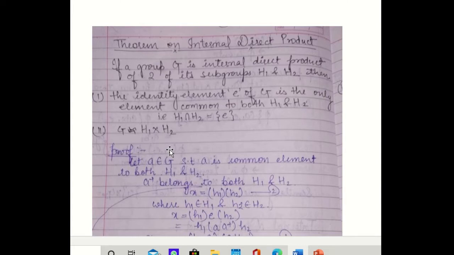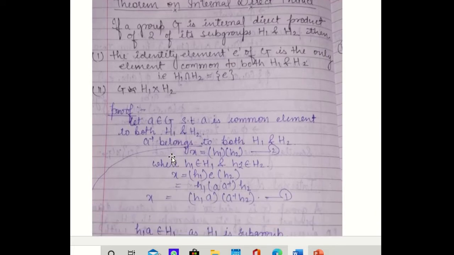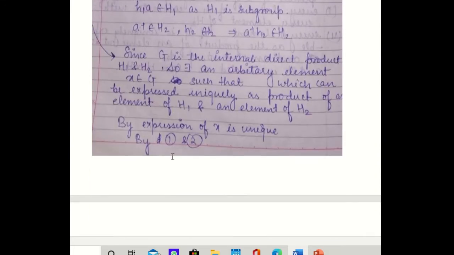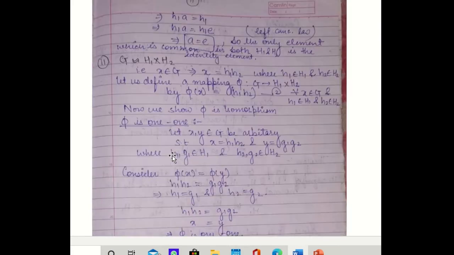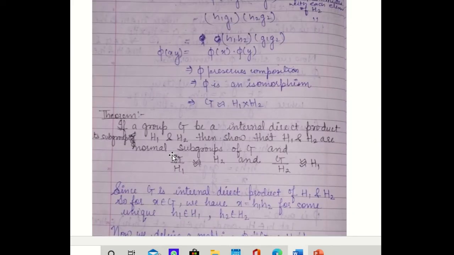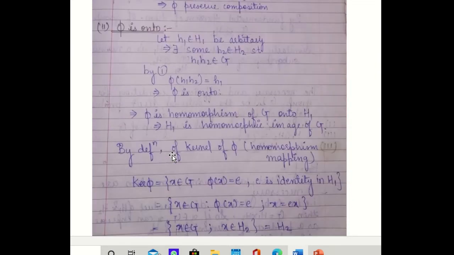The properties of internal direct product we will discuss in the later theorem, and also prove it. The properties are that the only common element in H1 and H2 is the identity element E. The second thing is G is isomorphic to the direct product of H1 and H2.